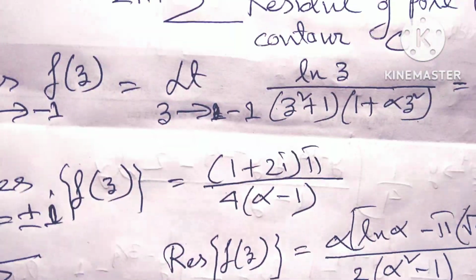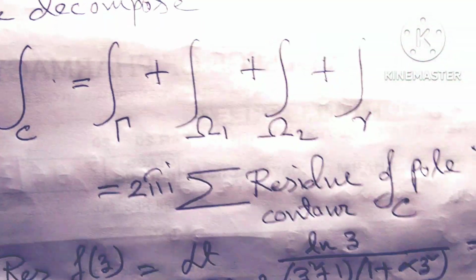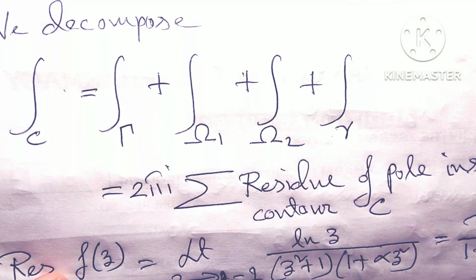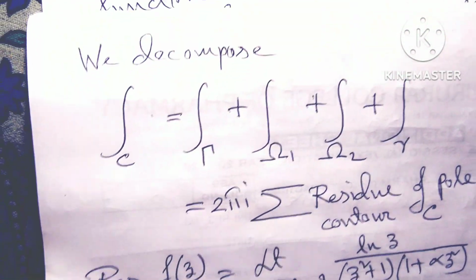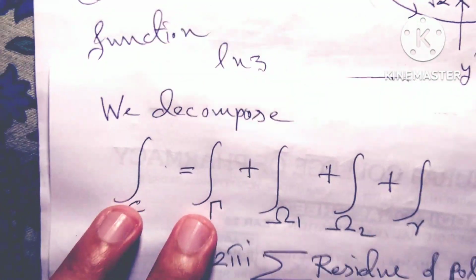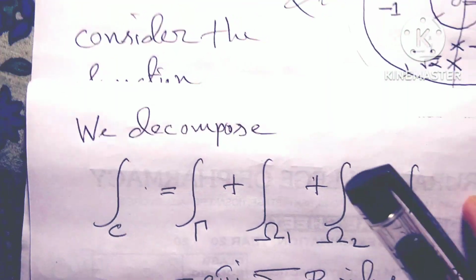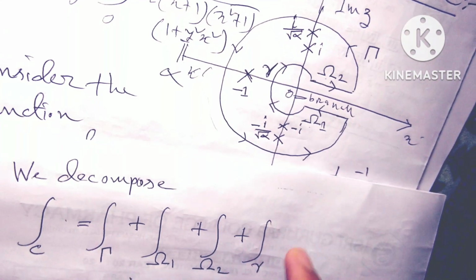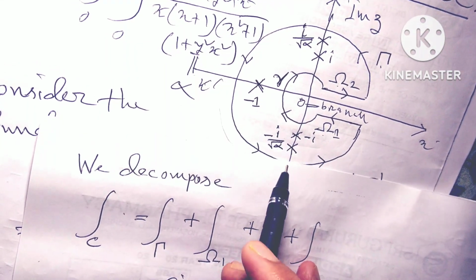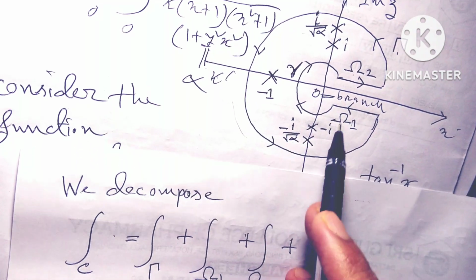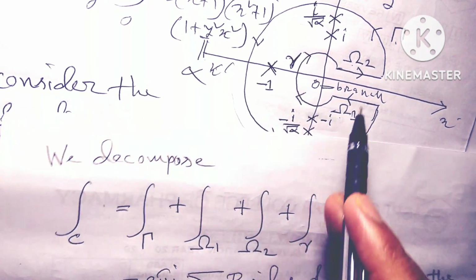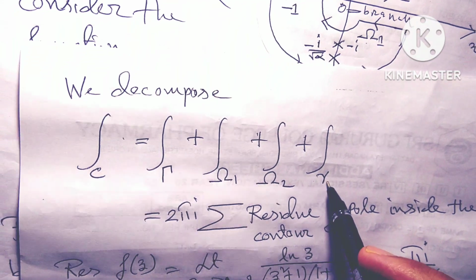Now friends, if you see the diagram, you see that the total contour is equal to gamma, omega 1, omega 2, and the small gamma.